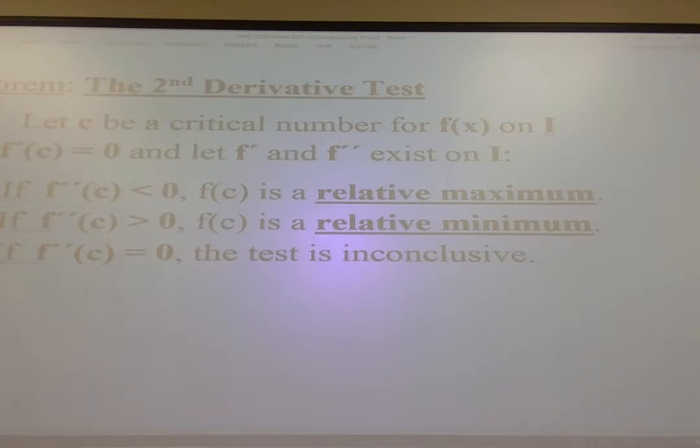Let me tell you why this is going to be really nice. What we used to have, if we had a function, if we wanted to find out if something was a relative max or a min, then we have to use that first derivative test. If it was increasing and decreasing, it was a max. If it was decreasing and increasing, it was a min. Now, I'm just going to test that point from the first derivative inside the second one and talk about the concavity. If that point is on a concave down interval, that's a max.